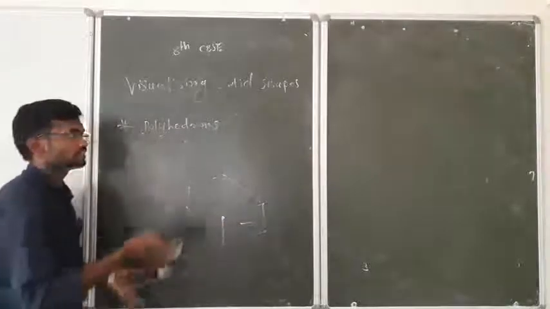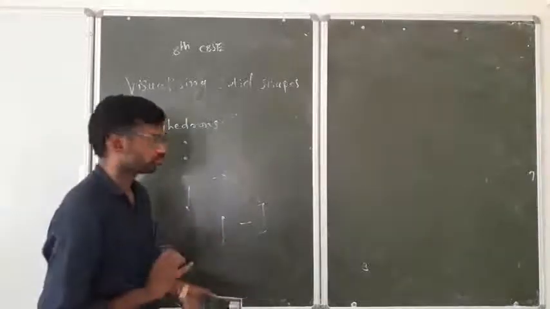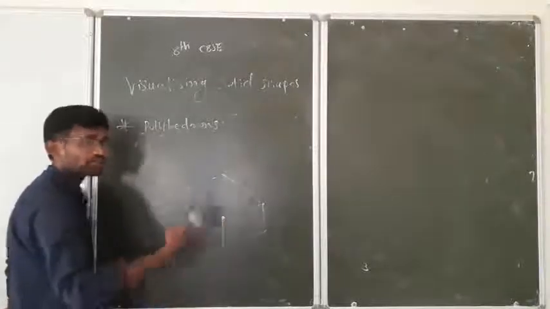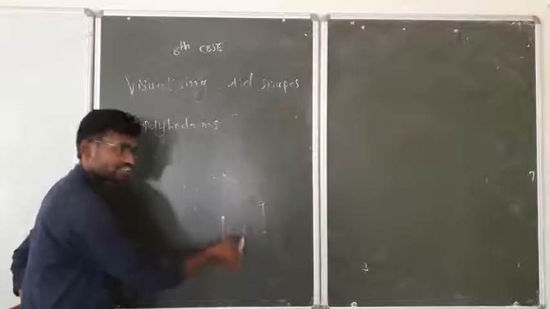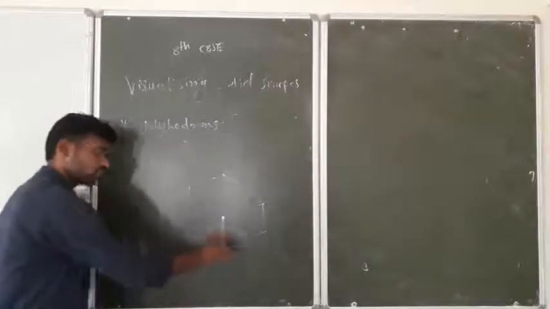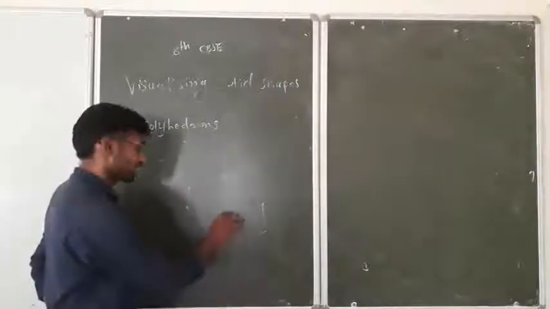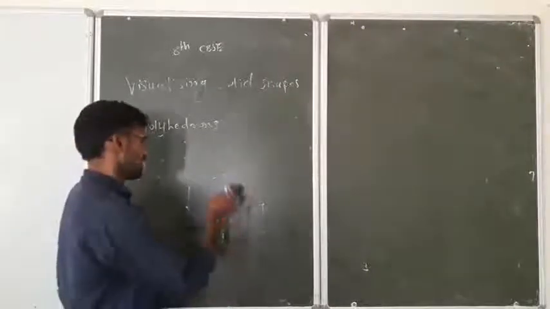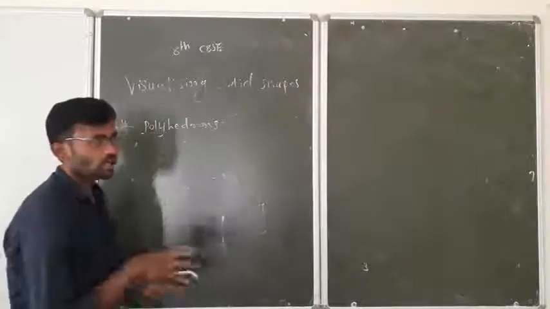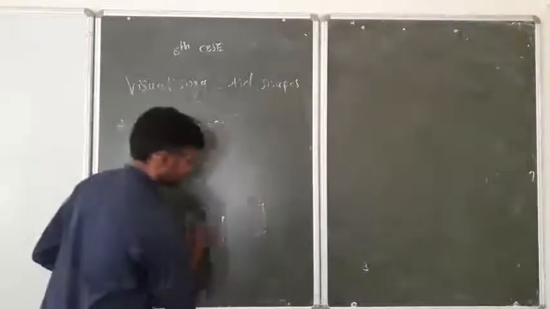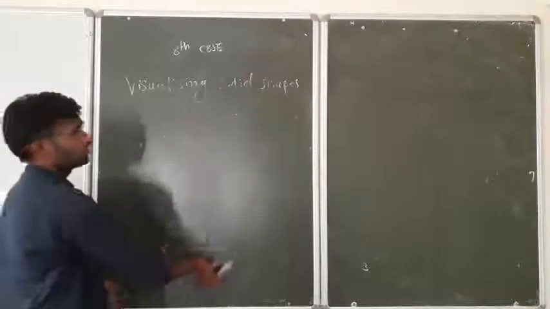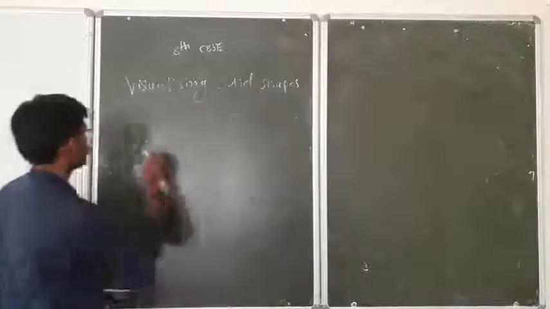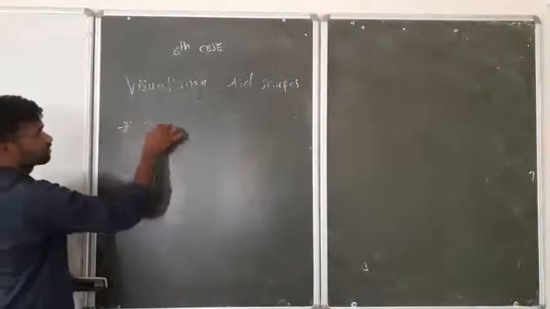Such solids are called polyhedrons. Got it? Again, the solids made up of polygonal regions called faces, these faces meet at edges called line segments, and the edges meet at vertices called corners. Such solids are called polyhedrons. Everybody, are you getting it?